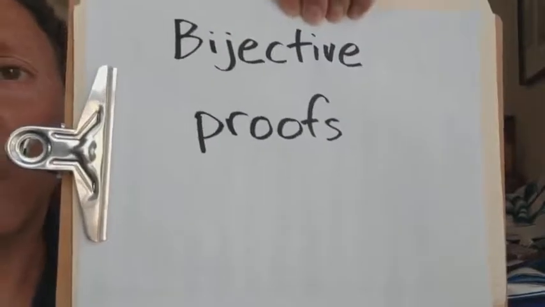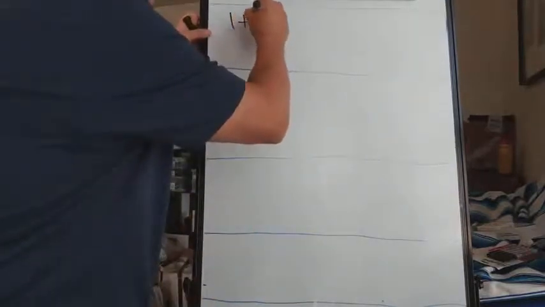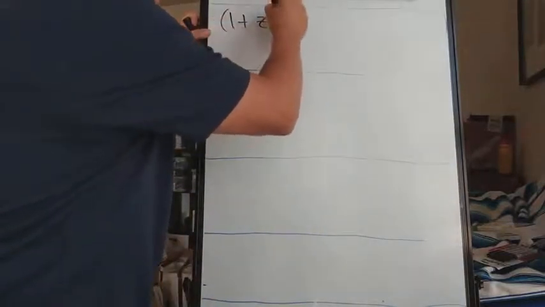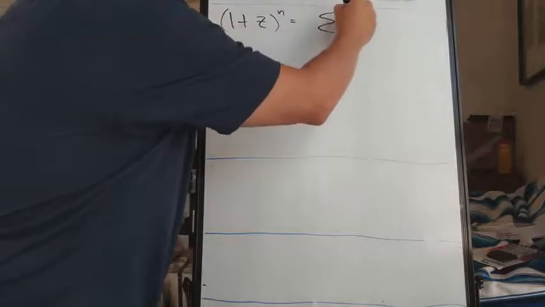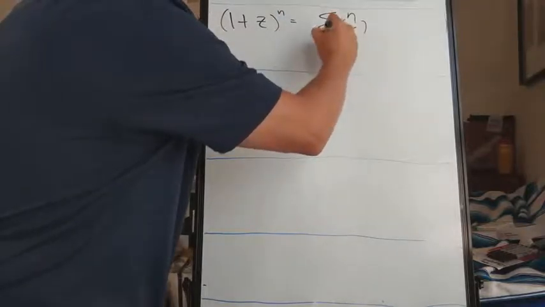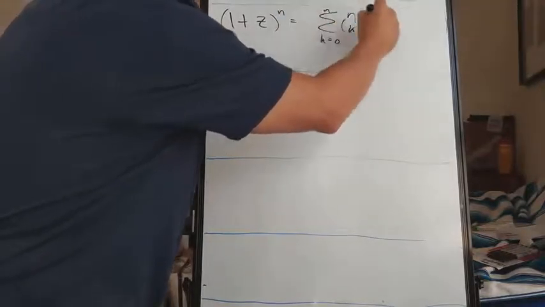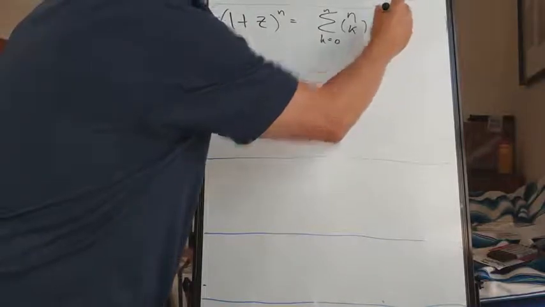Today I want to remind you how bijective proofs work. We said last time that (1 + z)^n is the sum of n choose k times z^k, as k goes from 0 to n.